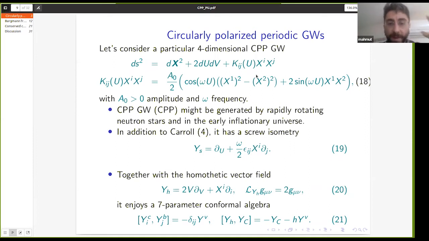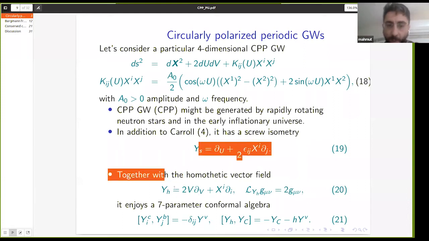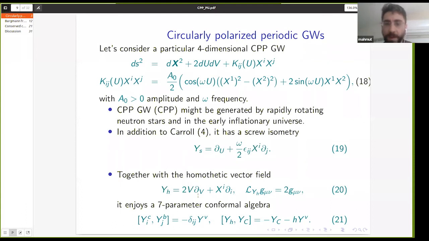And there is also a homothetic vector field, which is generic for all plane waves, not only for the circularly polarized periodic gravitational wave, for any Kij profile. There is a homothetic vector field whose Lie derivative action ends up with a constant conformal factor. So if you count the number of the isometries, you have 5 Carroll plus 1 screw isometry, 6 now, and there's a homothetic vector field, it's 7.